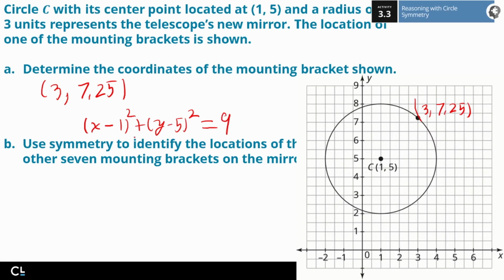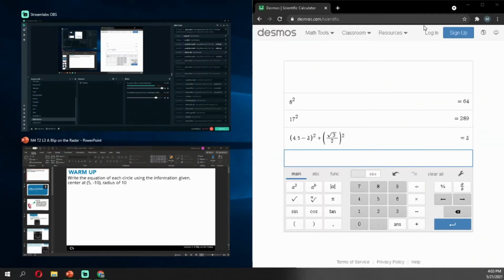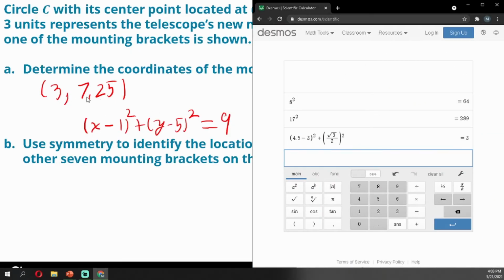What we could do in a calculator, so let me get my Desmos calculators, we could just plug this in. And we want to say, hey, if I plug in these two numbers for x and y, will my left side be 9? So let's try. Open parenthesis, 3 minus 1, close parenthesis, square it, plus, open parenthesis, 7.25 minus 5, close parenthesis, square it.